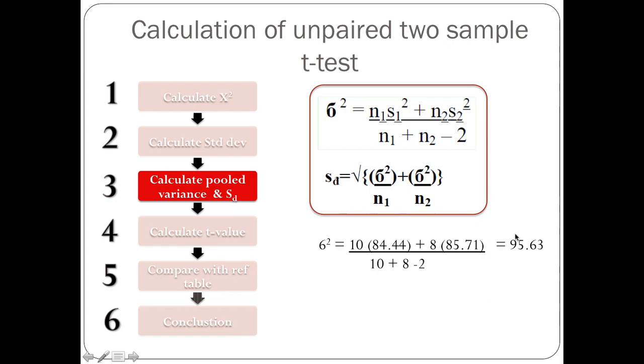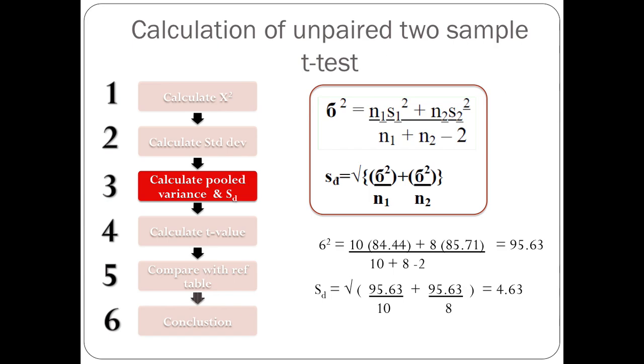It's just the square root of your pooled variance, 95.63 divided by 10 plus your pooled variance divided by 8, your N2. So this is the number you get, 4.63. Okay, very simple. Just bring the numbers into your formula.